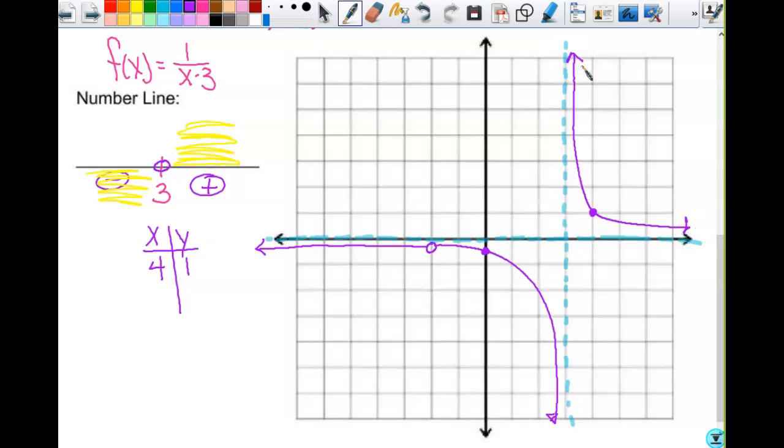And there is my graph. What questions do you have? Anything? Good. All right, let's check number 2.